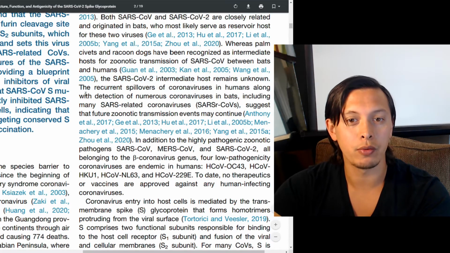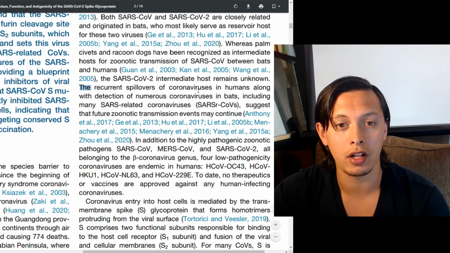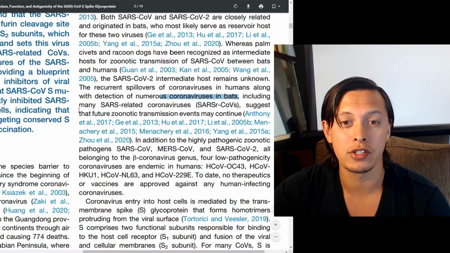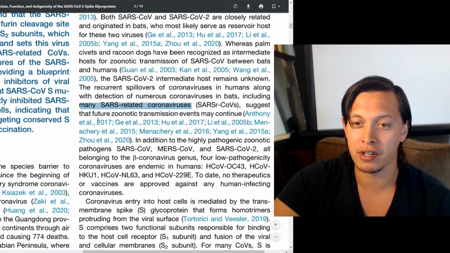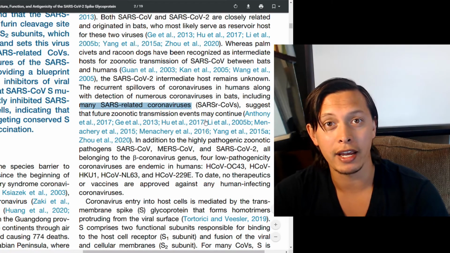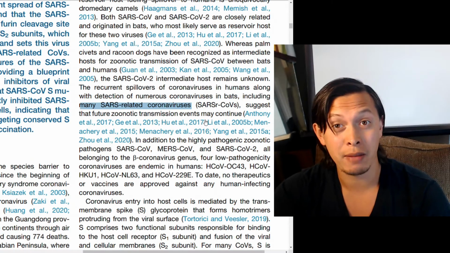Anyways, the recurrent spillovers of coronaviruses in humans, along with detection of numerous coronaviruses in bats, including many SARS-related coronaviruses, suggest that future zoonotic transmission events may continue. So this is not the first time that we've had a spillover event from bats, and most likely it will not be the last.